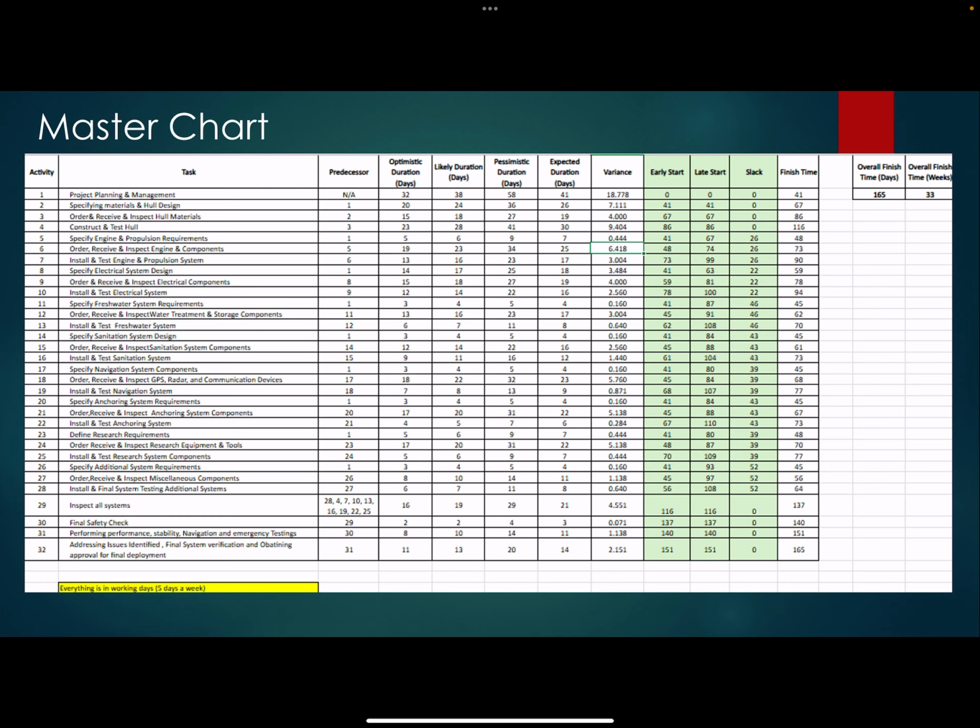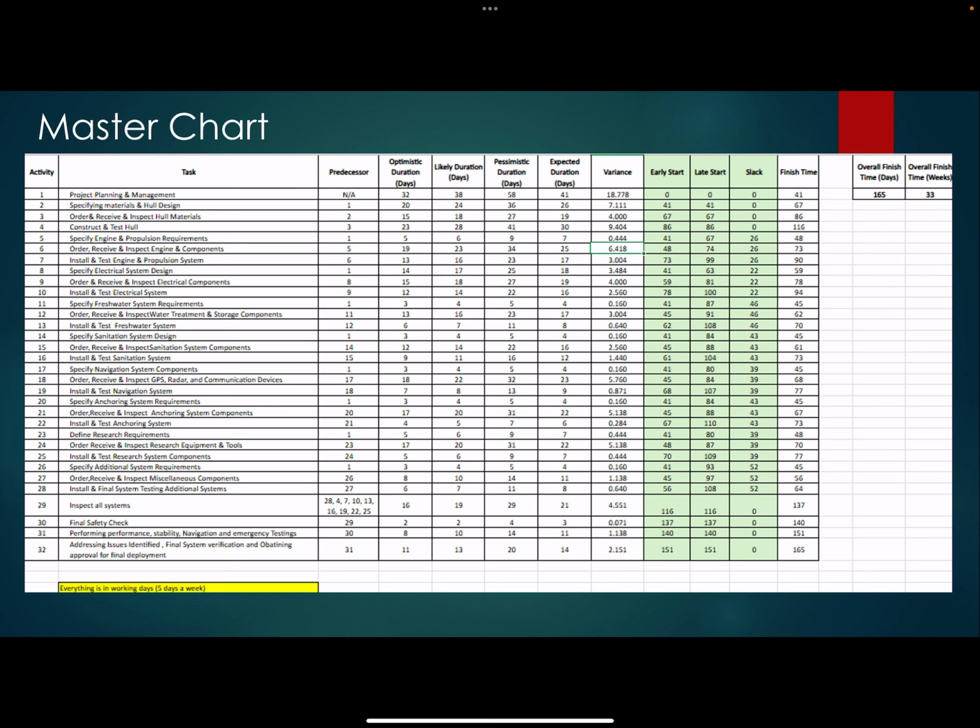Now we get into which tasks we truncated, eliminated or combined. We use the WBS as input for the network diagram.